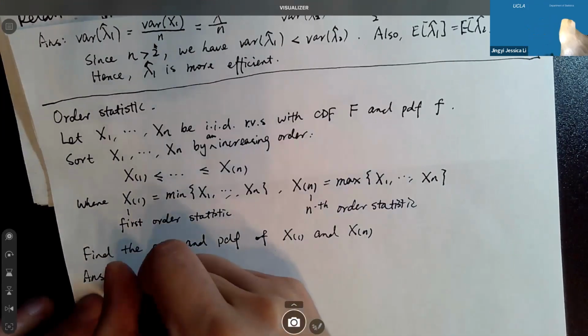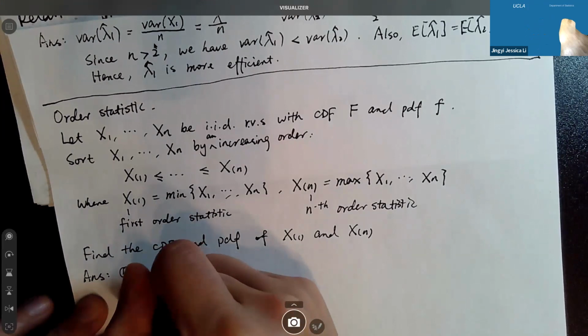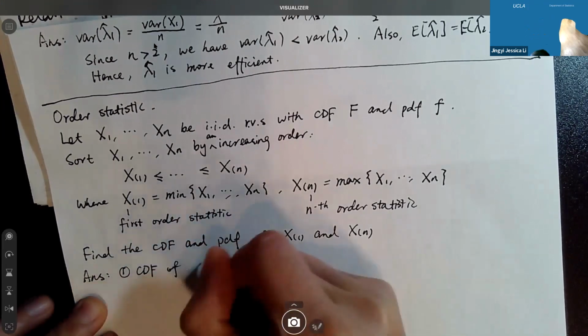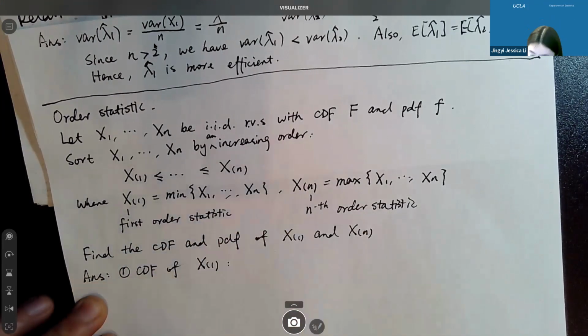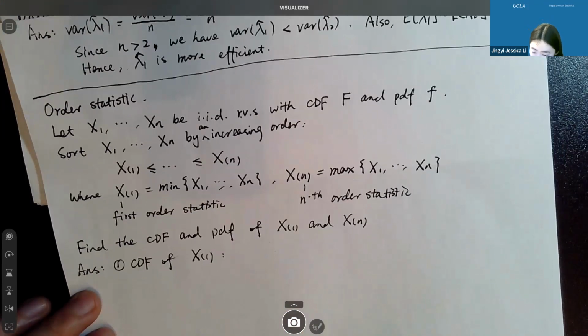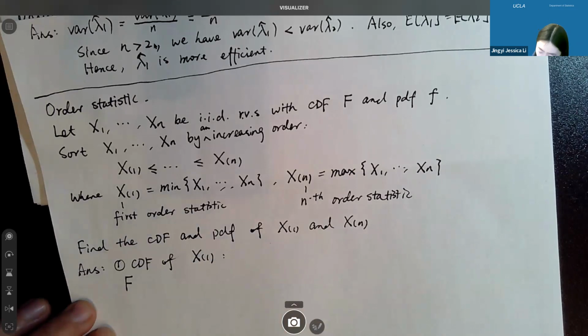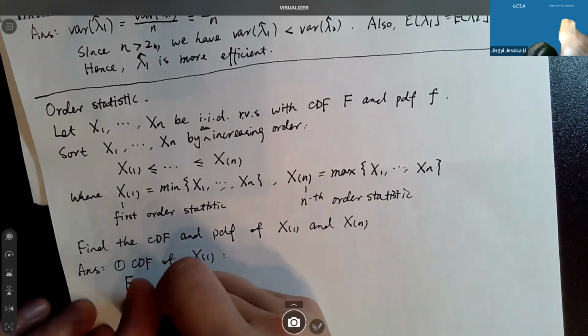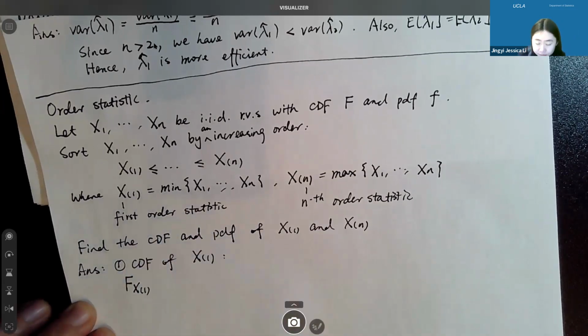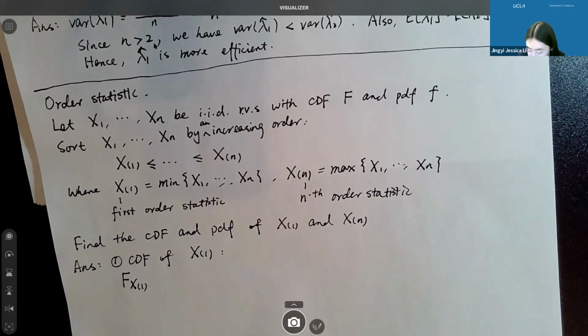So we'll first do the CDF of the minimum, the first order statistic. To do that, we define its CDF by this big F, and we put the random variable in the subscript just for clarity. So this is the CDF of X_(1).